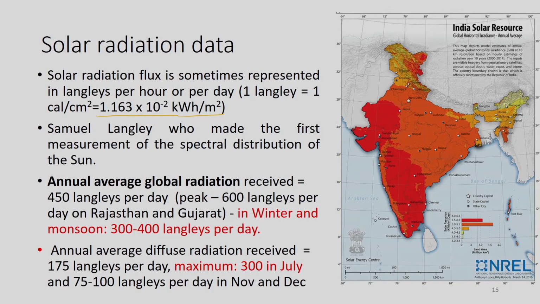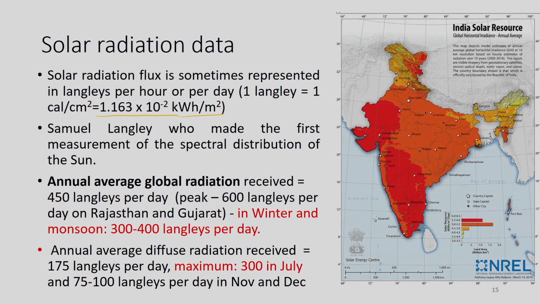That means global radiation received in India is about 450 Langleys per day, and the peak is about 600 Langleys per day, maybe in the month of May, June. And of course, places like Rajasthan and Gujarat are mostly exposed to the sun, so they receive more Langleys per day compared to the rest of the country. In winter months, this average global radiation is found to be about 300 to 400 Langleys per day.